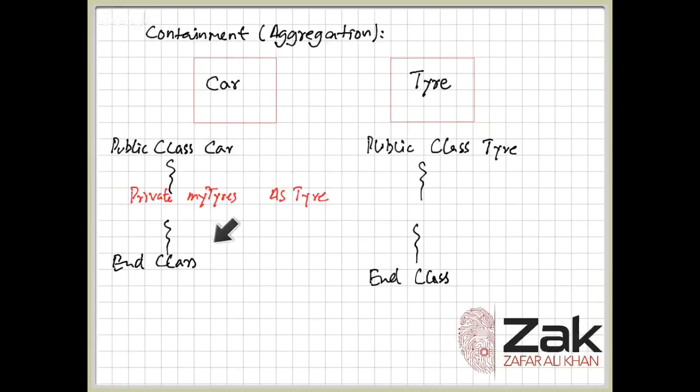So a class is not inherited, but uses another class as an attribute. So in that case, it will not be that way. It would rather be a different representation.